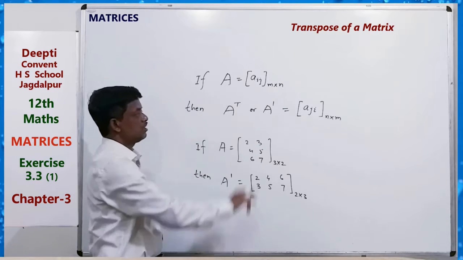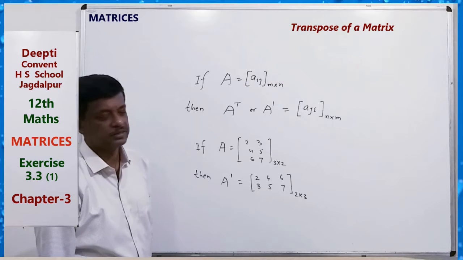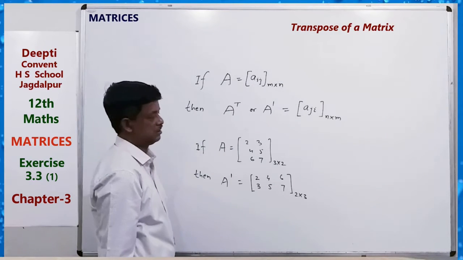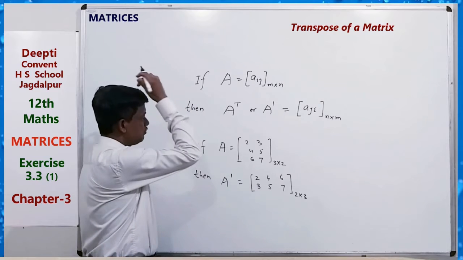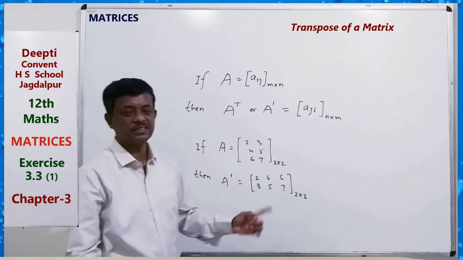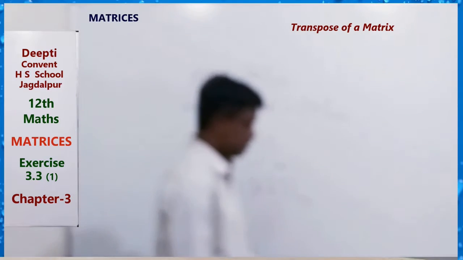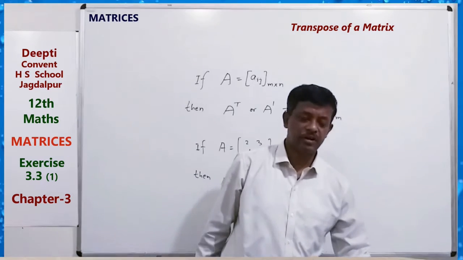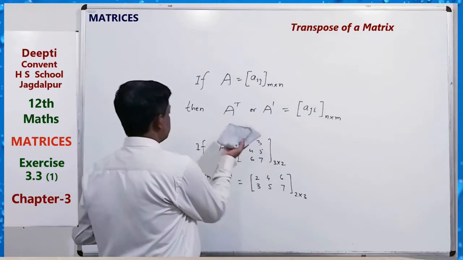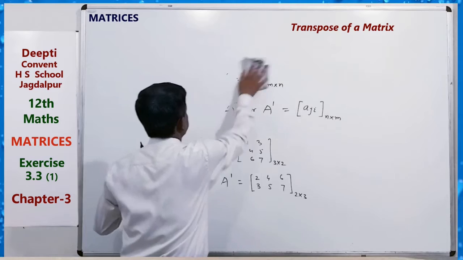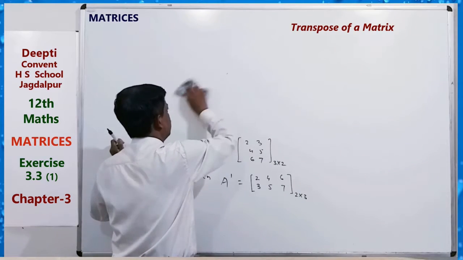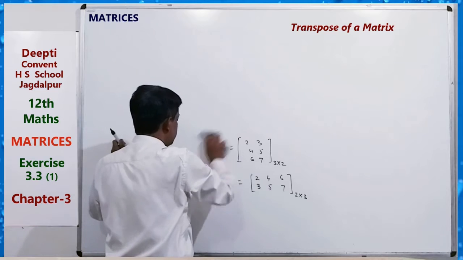So in general, we can write like this: transpose of a matrix. So transpose means interchanging row and column. There are some properties of the transpose of a matrix, for a matrix that may be of any order.